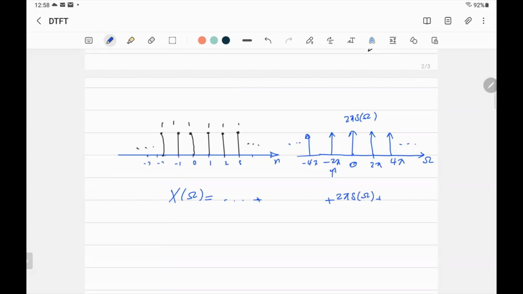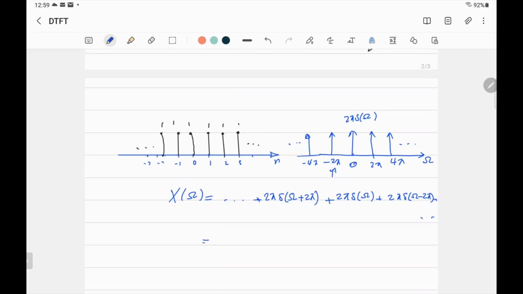How do you write it? Minus or plus? One to the left, plus. Plus 2 pi. And then the one to the right is 2 pi delta omega minus 2 pi, and you continue, right?